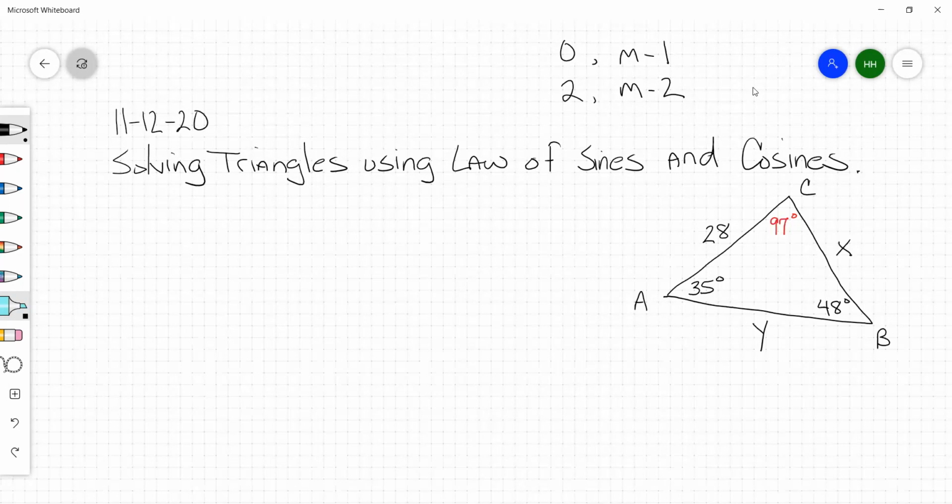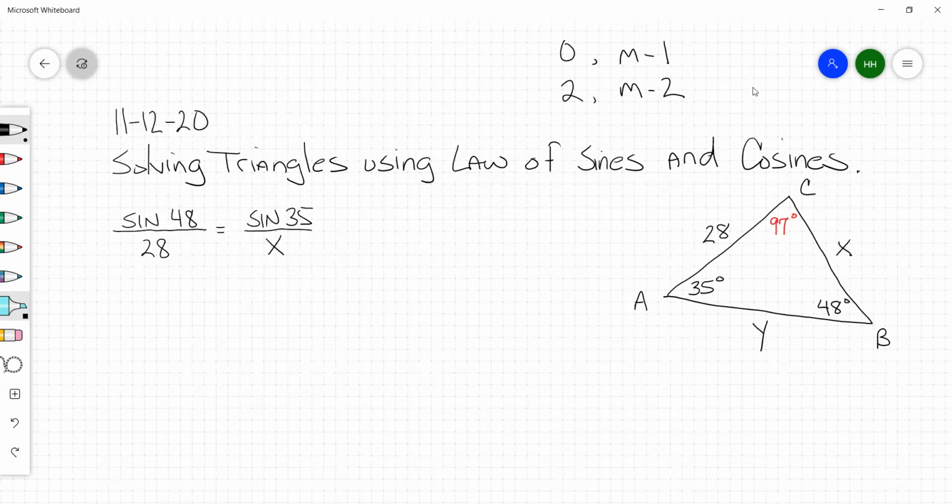The law of sines states that the sine of an angle over its opposite side is equal to the sine of an angle over its opposite side. So if we take an angle that we know and a side that we know that are opposite of each other, we can say the sine of 48 over 28 is equal to the sine of 35 over x.